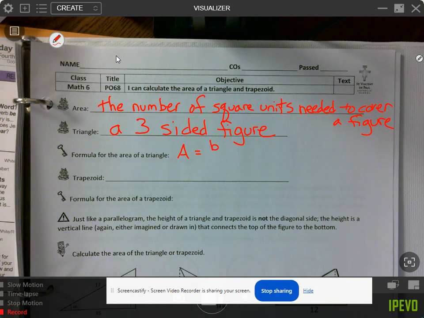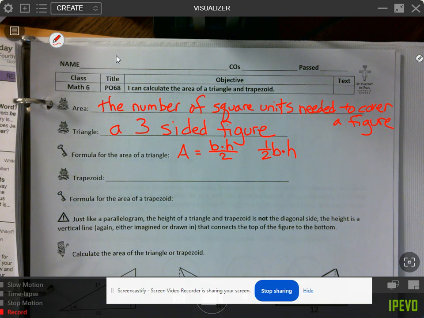Yeah. We could say base times height divided by 2, or you could say 1/2 of the base times the height. It means the same thing. So you could take 1/2 of the base, 1/2 of the height, and multiply them. Or you could do base times height and just divide it by 2. It means the exact same thing.